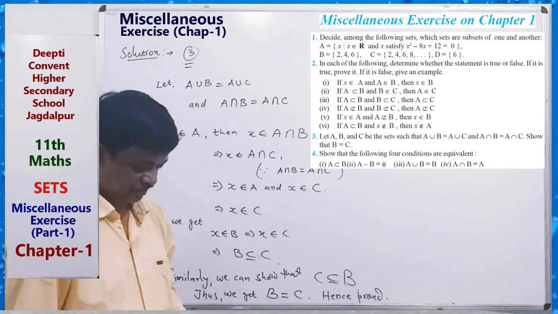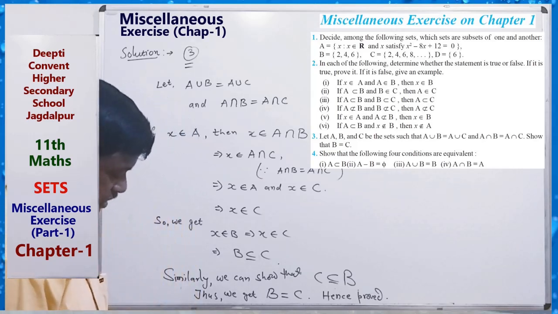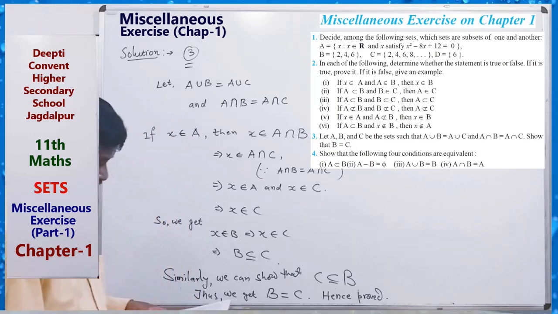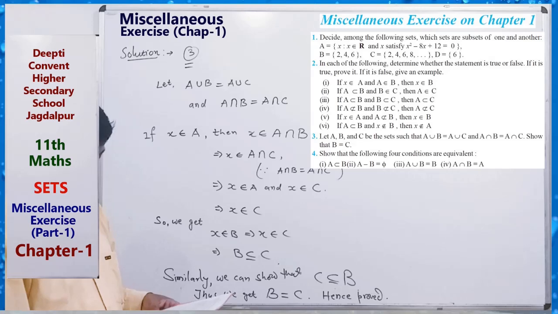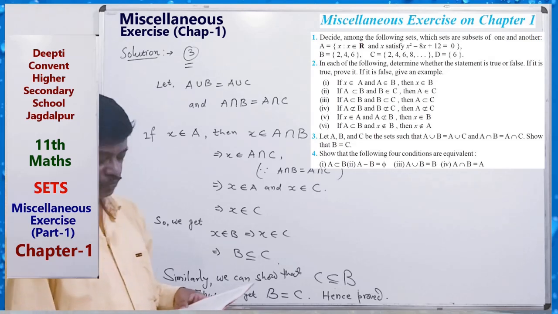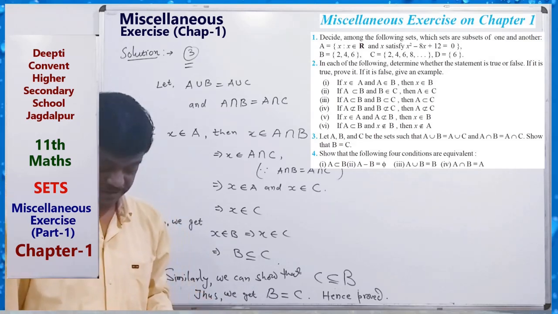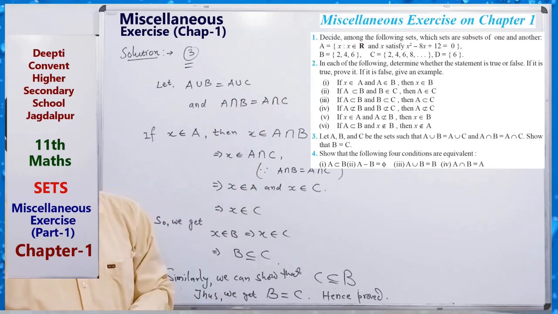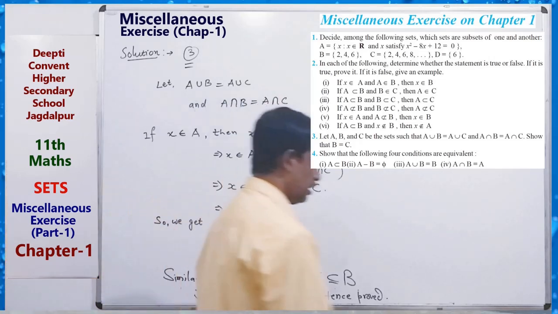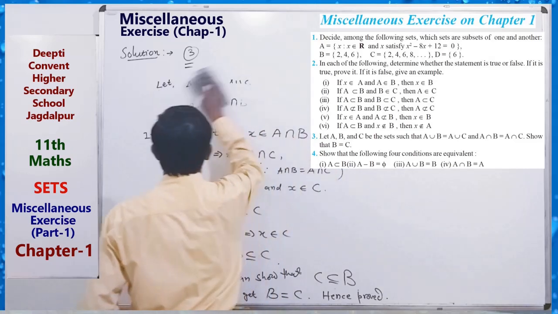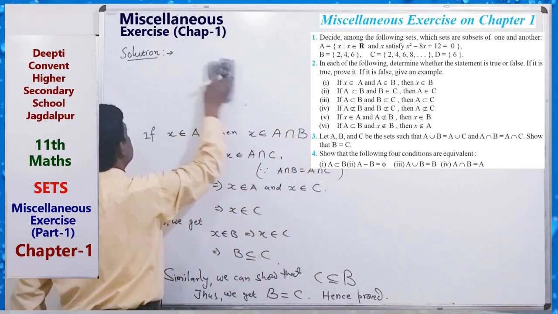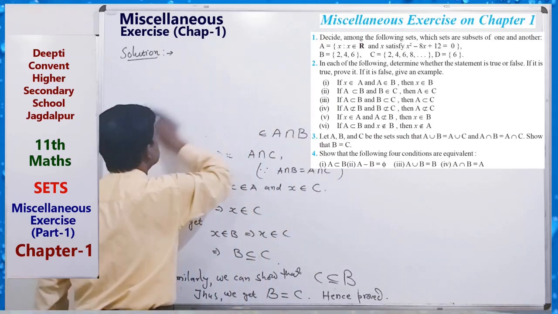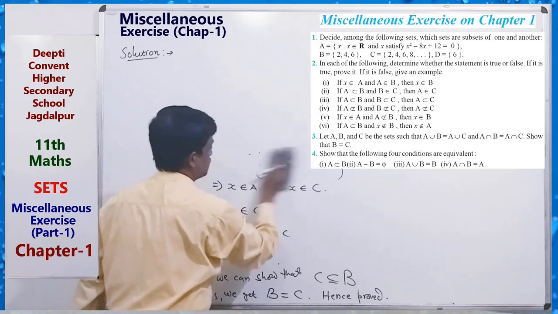Now, take question 4. The following 4 conditions are equivalent. Here 1, 2, 3, 4. There are 4 conditions. Equivalent means, also note down here, that there are some relations given, 4 relations are given.